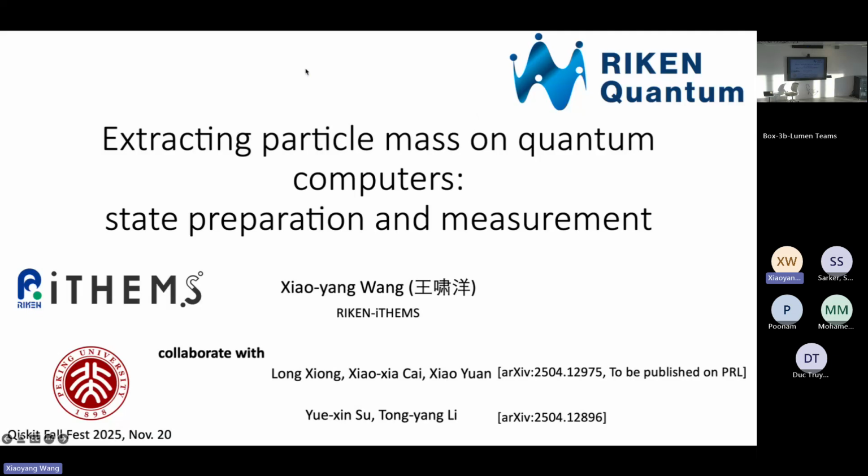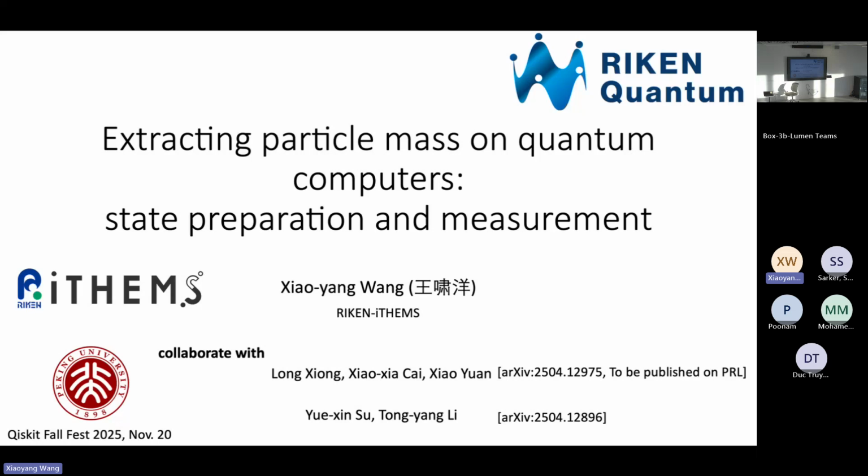From Paris, and today I will give a talk about the application of quantum computers to high energy physics, and this is a very preliminary task of extracting the particle mass in high energy physics.